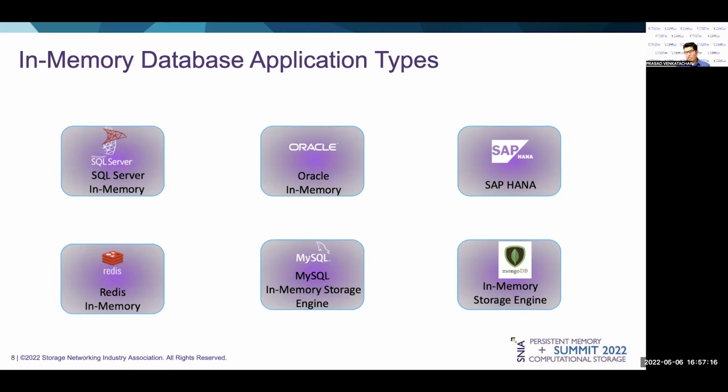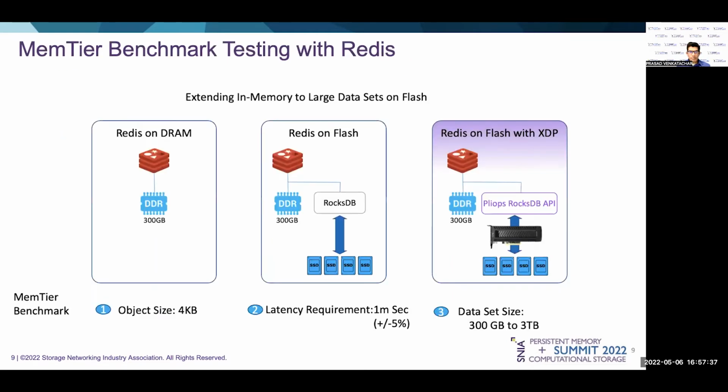You can also use MySQL and MongoDB with an in-memory storage engine. For the purpose of today's presentation, I'll be focusing on Redis in-memory, while we're doing extensive work on how to extend the data set from in-memory to flash and SQL Server, but I will focus on Redis for now.